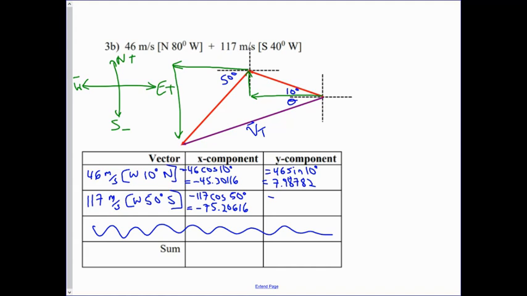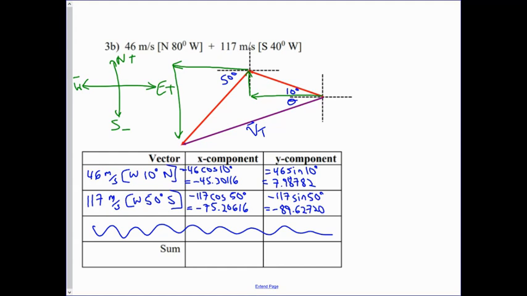Our other one, we said it's a negative. It's the magnitude of our full vector, 117, times the sine of 50 degrees. We work that one out and we get negative 89.62720. Okay, so we've got our vector components.